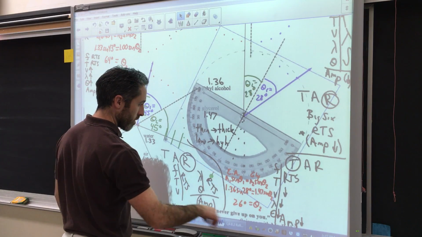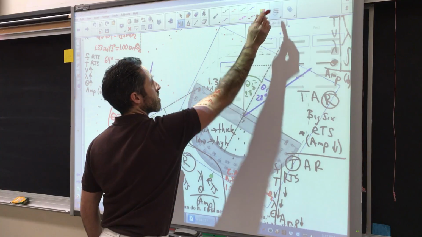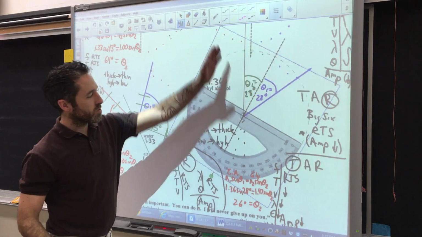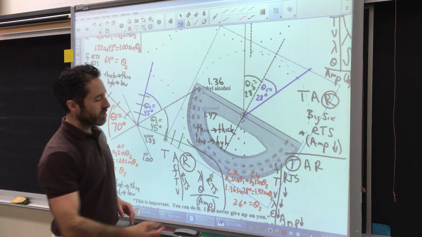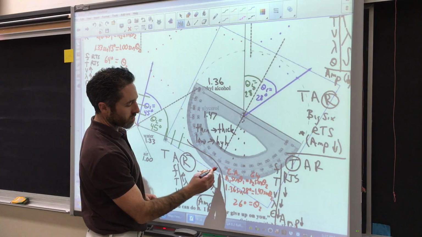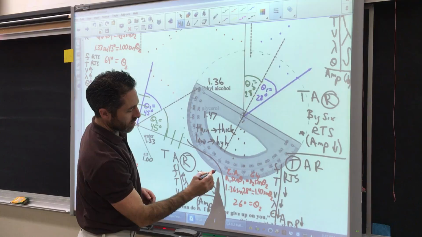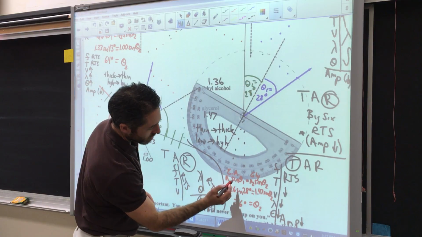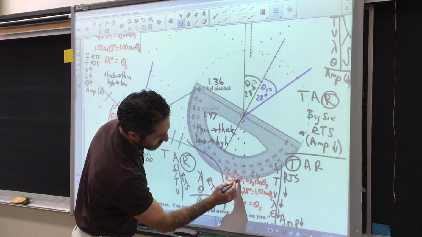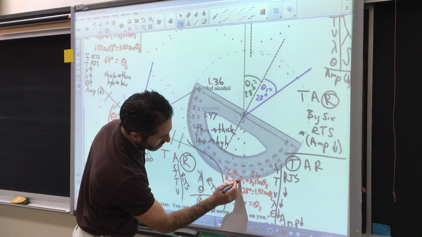Good. And we want to make our refracted ray. Keep in mind, we expected it to be somewhere over here, so we want to count 26 degrees in this direction. Change the color so we can see it among the red. 10, 20, 6 I think is right here.